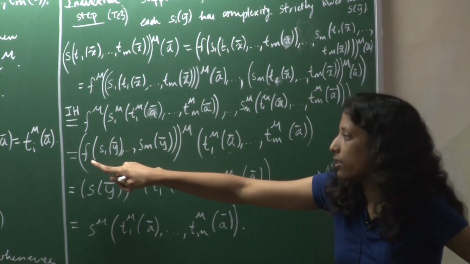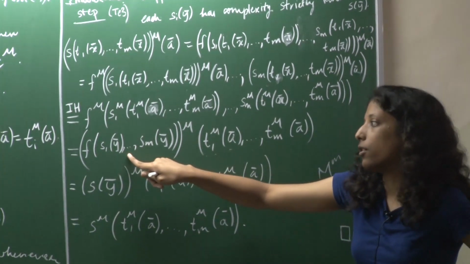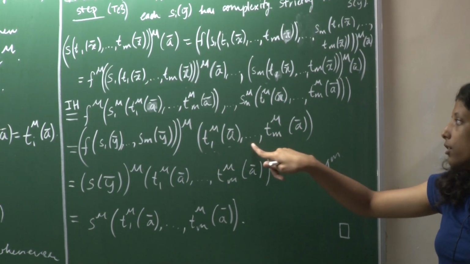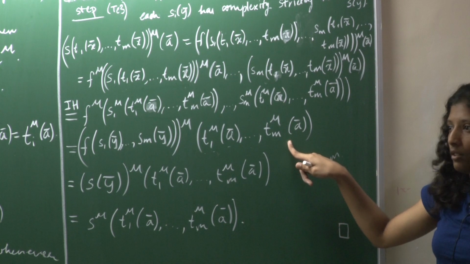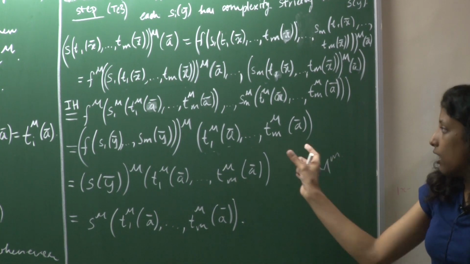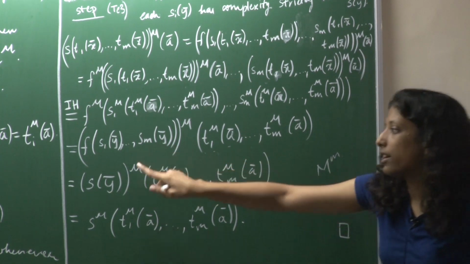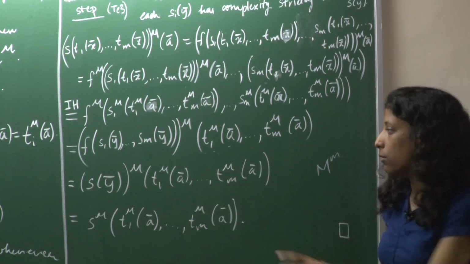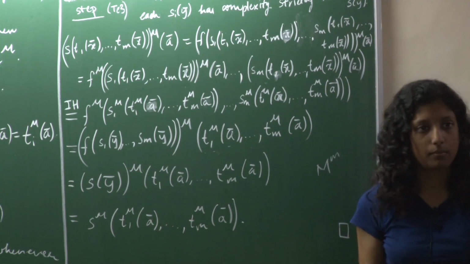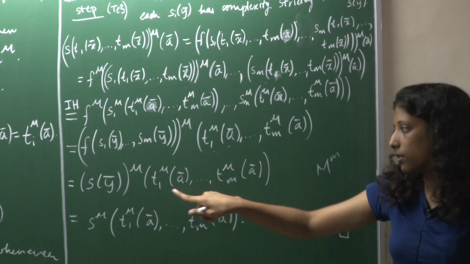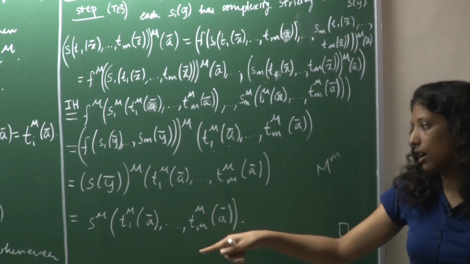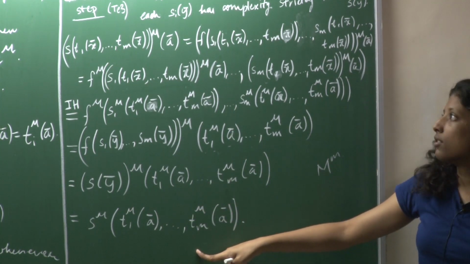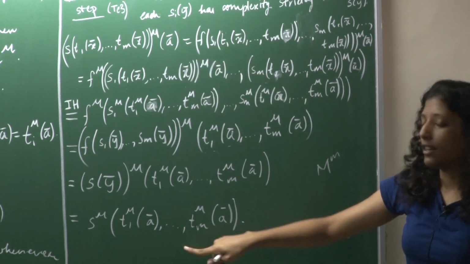And this is nothing but F of S1 y bar dot dot dot Sm y bar in M applied at T1 A bar dot dot dot Tm A bar. And now this is nothing but S of y bar. And so you can push this back in by substitution. Just substitute this inside this, and you get exactly what you needed. The left-hand side is equal to the right-hand side.